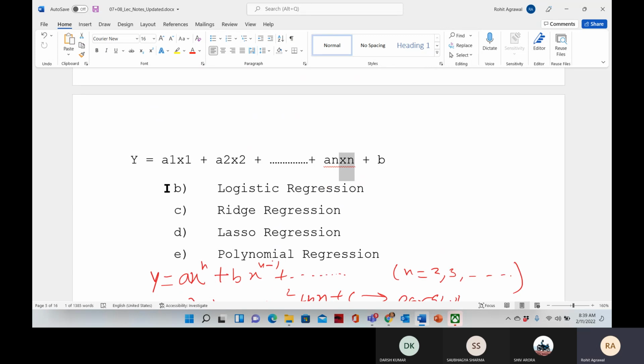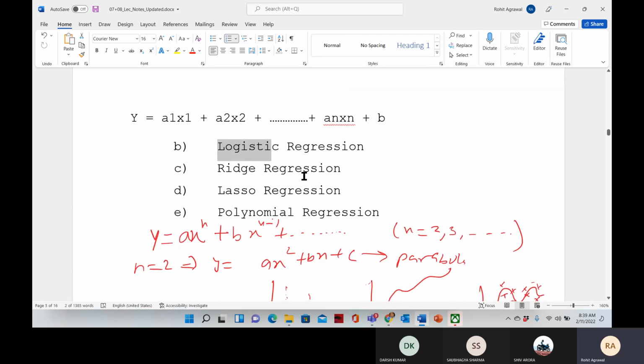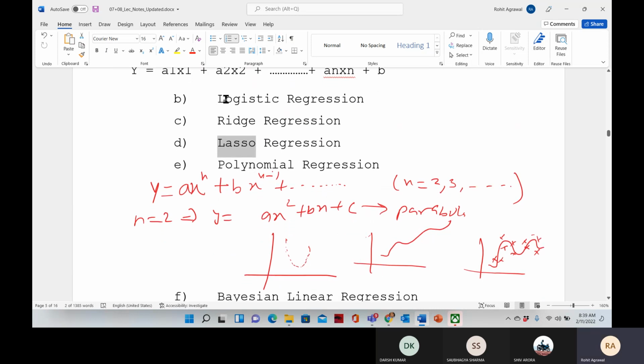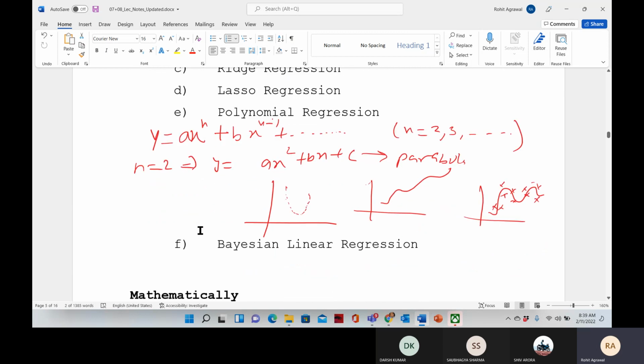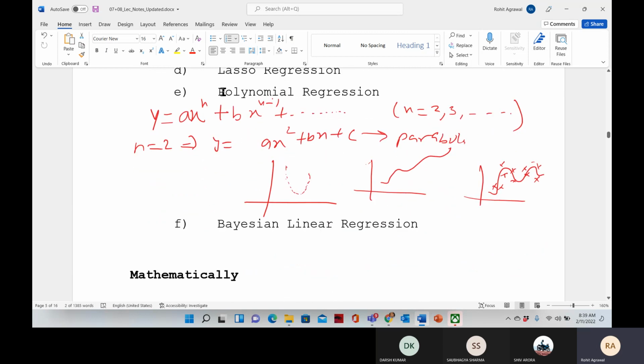Other types of regression are logistic regression and ridge regression. For lasso, I have shown you in a research paper the equation. Logistic we will discuss in our lectures, how it will be used. And we discussed polynomial regression as well.